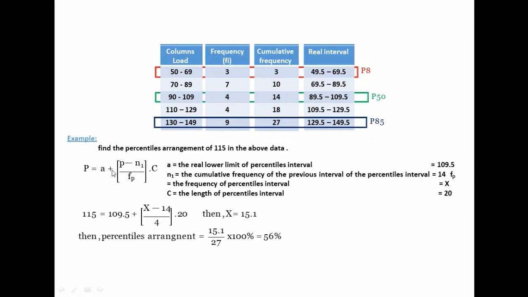The percentile arrangement is unknown. So suppose this is (x - 14) divided by 4 multiplied by 20. After simplification, x is 15.1. Then the percentile arrangement is 15.1 divided by 27 multiplied by 100%, which is equal to 56%.